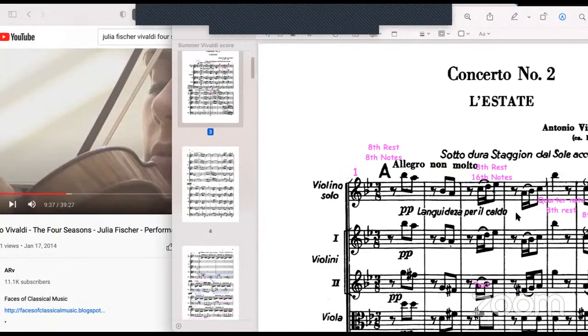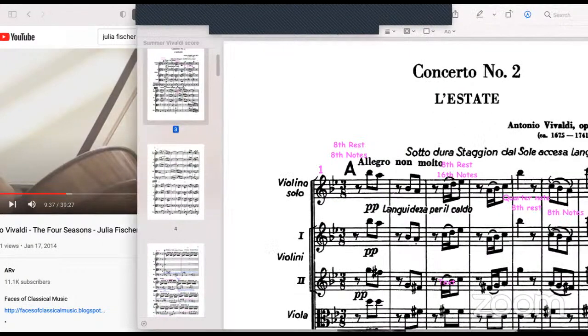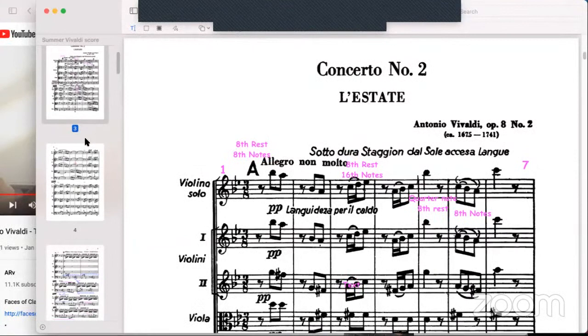We are going to write just the rhythm cells, okay? Rhythm notes while you listen.